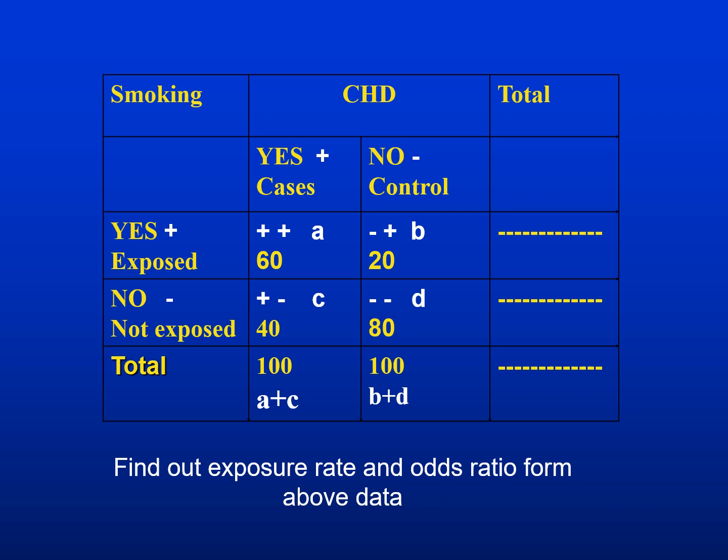It means that those who have coronary heart disease are liable to be 6 times more exposed to smoking than controls. I must also evaluate my study statistically to be sure that this finding is not by chance, and that if I repeat this study several times, I'm going to have the same results.